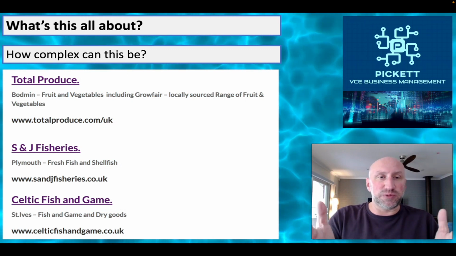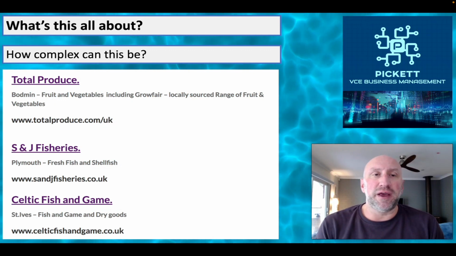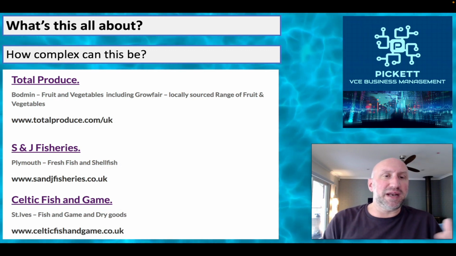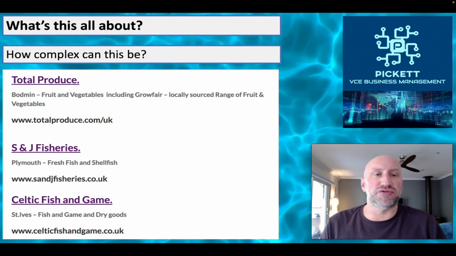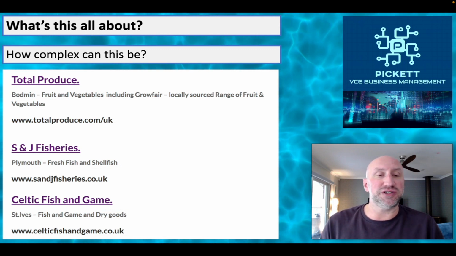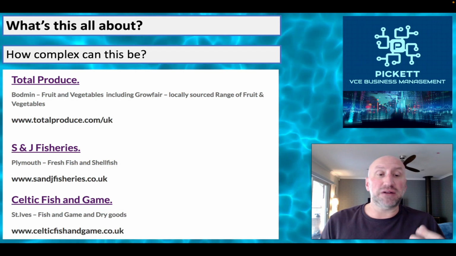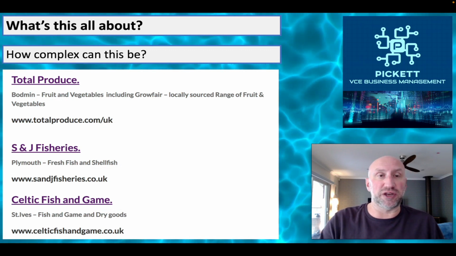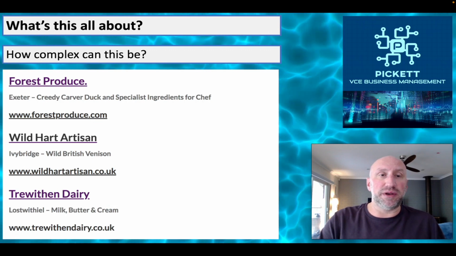So as we go through these next few pages, you'll see Total Produce. They're getting fruit and vegetables, a locally sourced range. S&J Fisheries, they're getting fresh fish and shellfish. Celtic Fish and Game, getting some more fish from there and some game and some dry goods. And then so on and so forth.